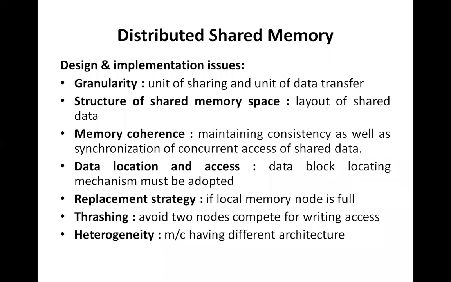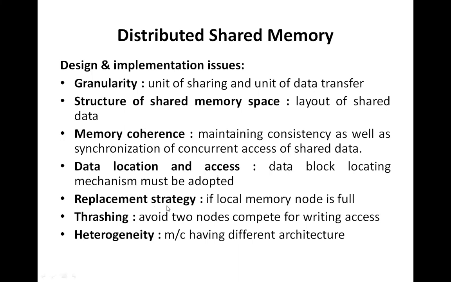Now, there are certain design and implementation issues related to distributed shared memory. We have 7 issues. First is the granularity. Second one is the structure. Third one is the memory coherence, or you can say consistency. Data location and access: how to locate the data, where the data is available.